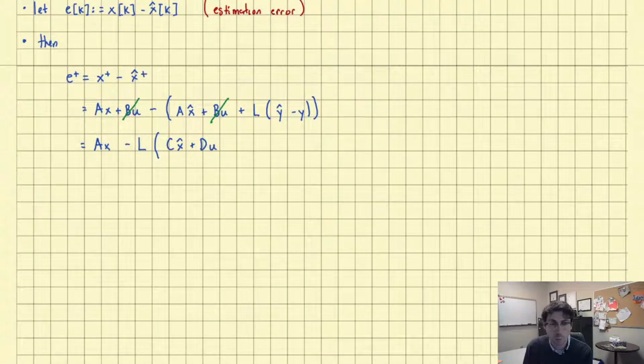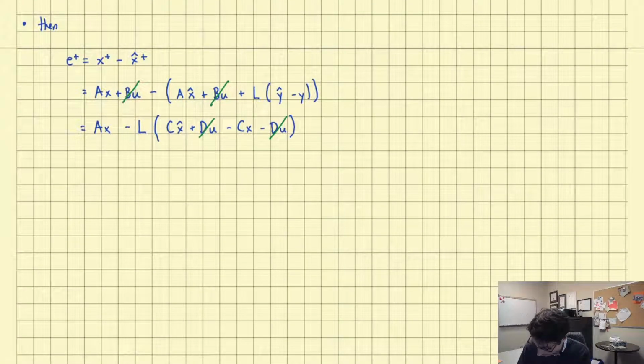And the output y is the measured output, which is actually equal to C times the actual state x plus Du. Again, we get a cancellation. Oops, I lost a term.